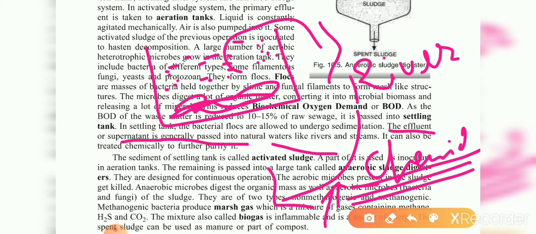Now we are left with one thing: the microbial flock that has settled at the bottom of the settling tank. What to do with this now?